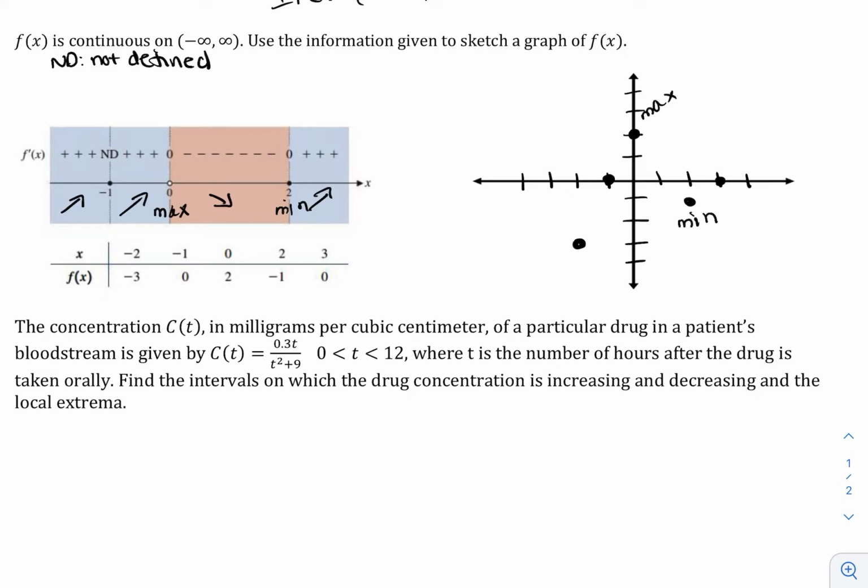Now, the hard part here that we haven't discussed, which is something new, is what happens when you have a not defined derivative. When you have a 0, it means that you have a horizontal tangent line. So when you have a first derivative of 0, it means that your graph is either going to go up like this. You could have a horizontal tangent line here, a horizontal tangent line here.